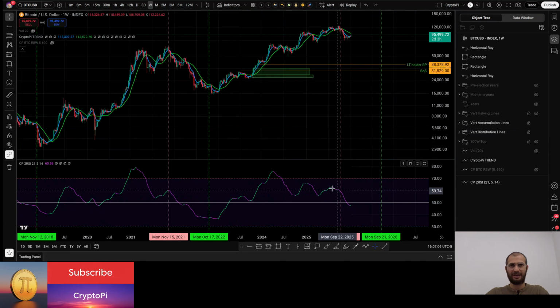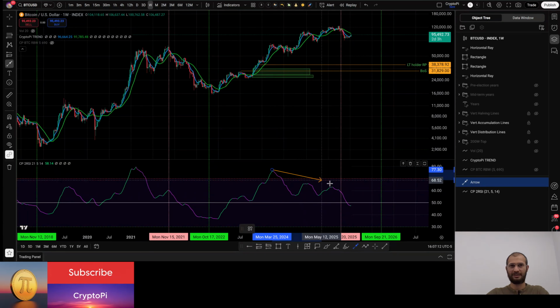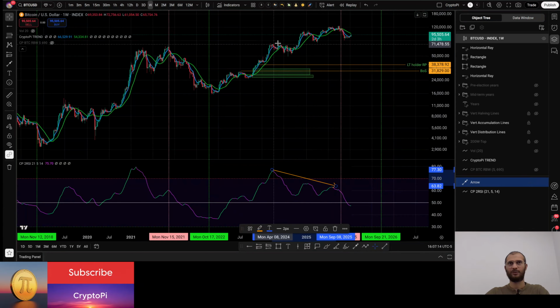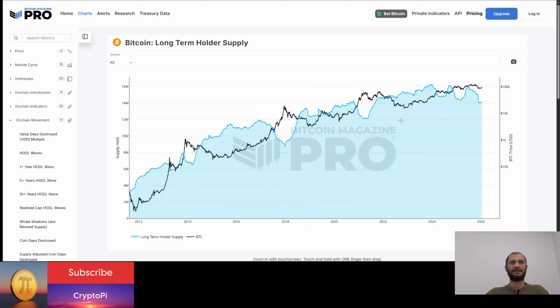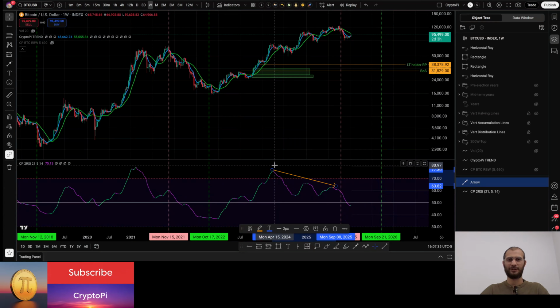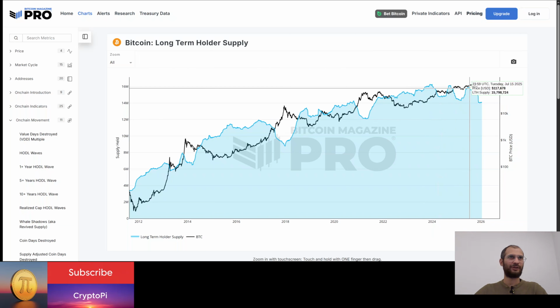The RSI has been showing a downtrend since long-term holders started distributing or selling. Here, with every pump in the Bitcoin price, the long-term holders have been distributing. You can see the strength of long-term holders reducing, which is very similar to the strength of RSI, and price is increasing over here.